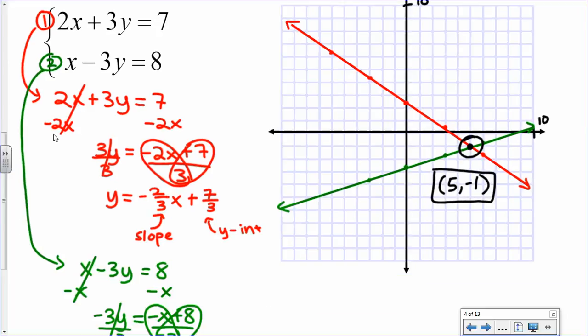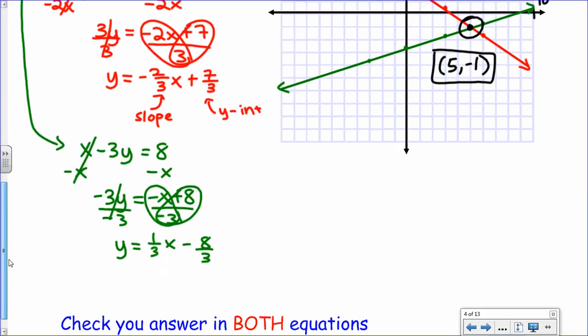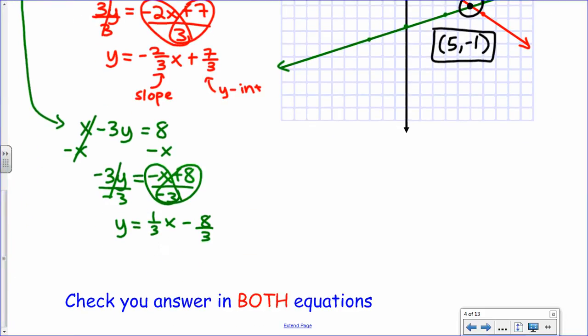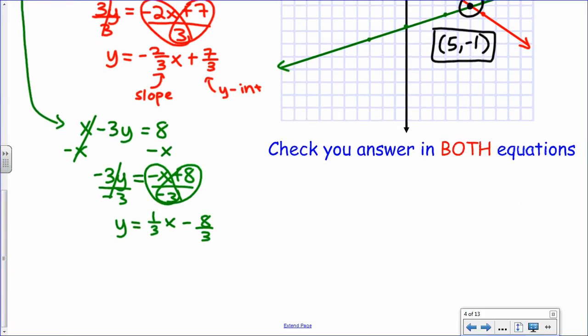Now, I can tell if that's correct or not by checking. So check your answers in both equations. I'm going to plug in x and y into both equations and make sure I get true statements.